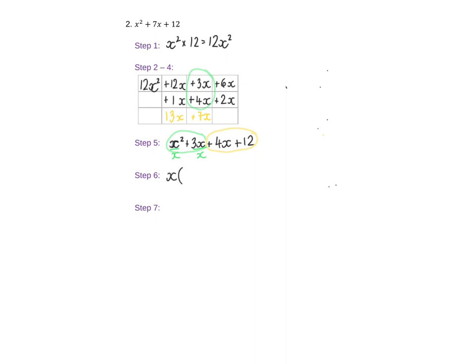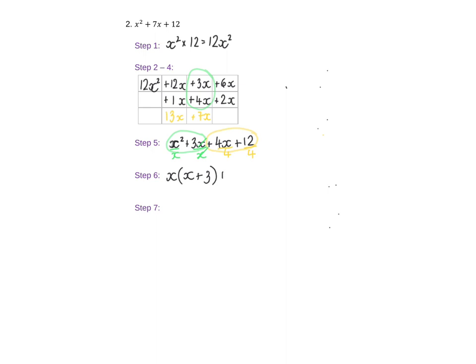So x is the common factor. But what remains when I say x squared divided by x for my first term? That would be x. 2 minus 1 for the exponents, right? Then plus 3, because if I say x divided by x, then just 3 remains in that group. For the second group, the common factor for 4 and 12 is 4. Both terms can divide by 4.